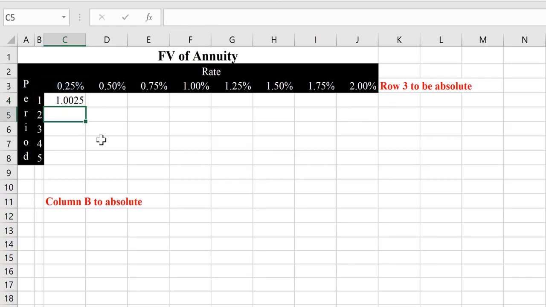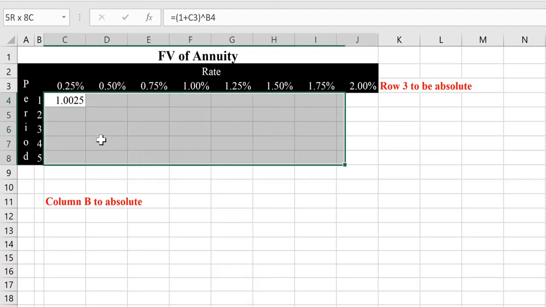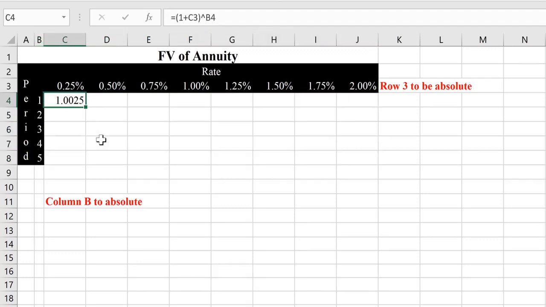By pressing enter we get the value 1.0025, which represents the value of a single unit at the end of year 1 at the rate of 0.25%. Now we want to apply the same formula to the whole table, but without making cells absolute we cannot achieve our purpose. So let's make some cells absolute.